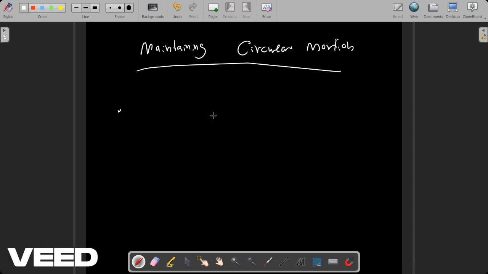Now remember, when an object is moving in a circular motion around this axis, it is not in equilibrium.